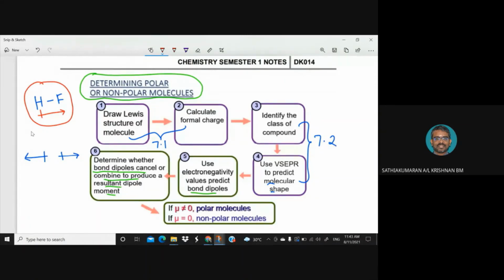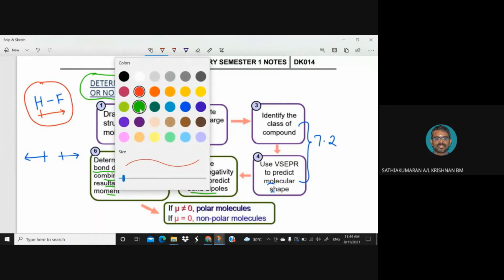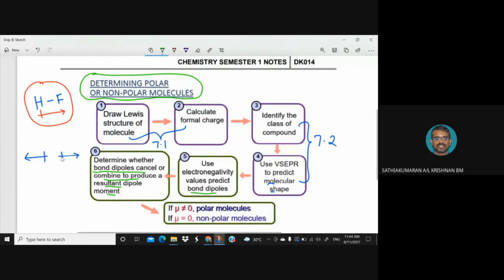Easy, we can identify the answer. But what happens if the molecule given to me has more than one bond dipole? How do we predict whether the molecule is non-polar or polar?